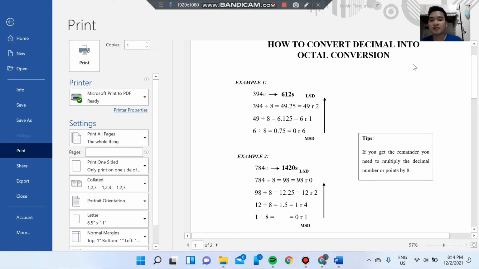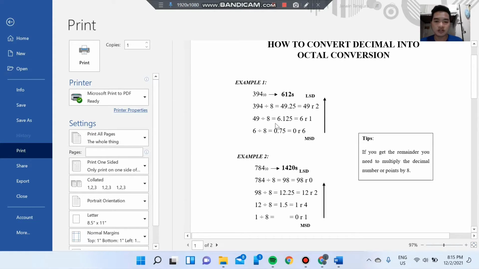This is to get the result of the 394 that we convert into an octal. Okay? The next step will be 49. We need to put here the 49 and divide it by 8.